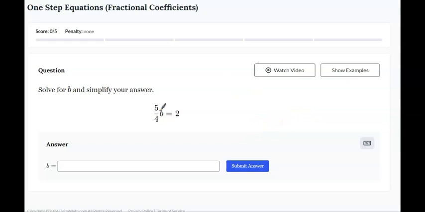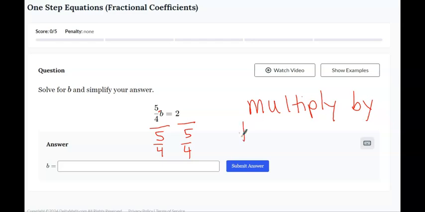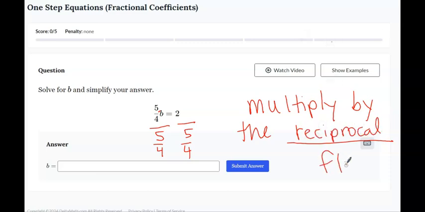Now we know that the opposite of multiplying is dividing. So we could write it this way, but it's very complex looking. And the reason we don't write it this way is because there's a rule. When you divide by a fraction, you actually multiply by the, do you know the phrase? Reciprocal, also known as the flip.